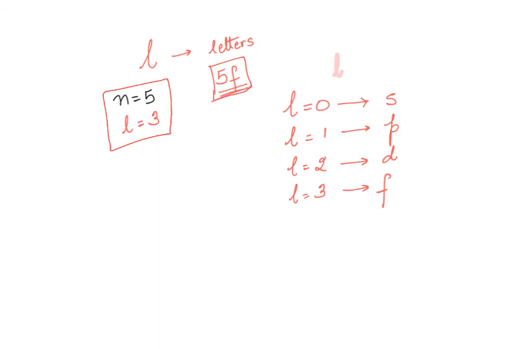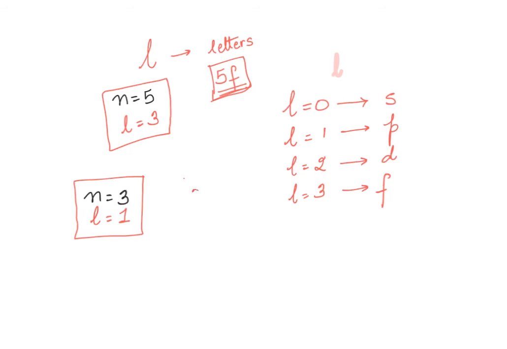Another example, if an electron is located in, say, third main shell and first subshell, we can write it like this. We can say electron is present in n3 l1, or we can say electron is present in 3p.